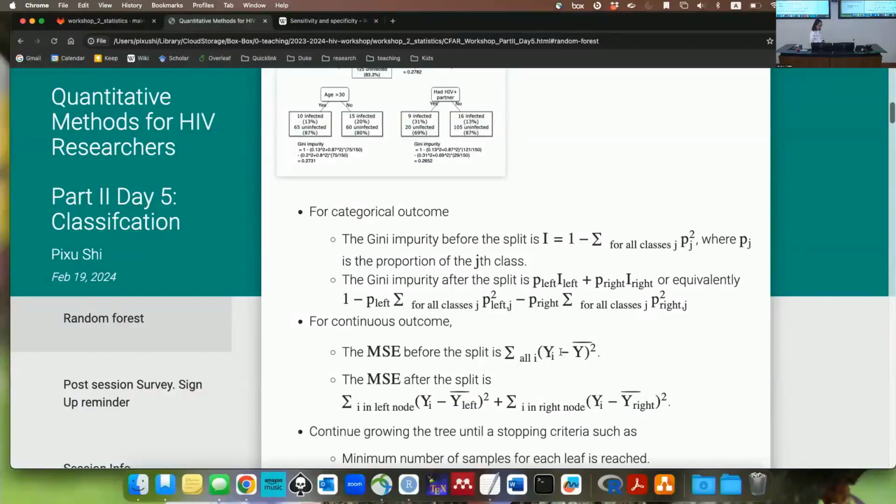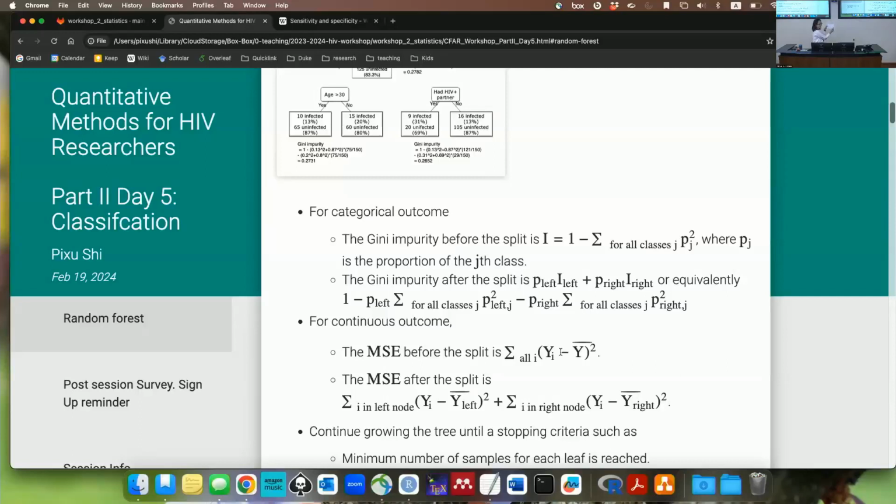So it's basically like this. The pen is not working. You have one set of points here, one set of points here. You calculate the spread all combined.